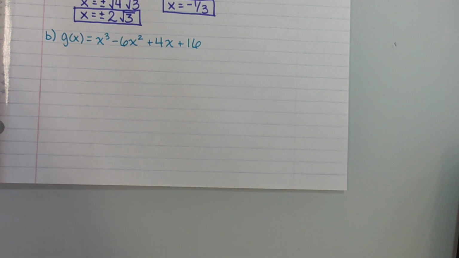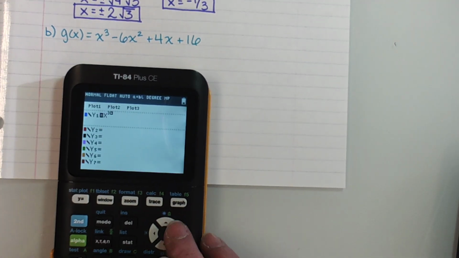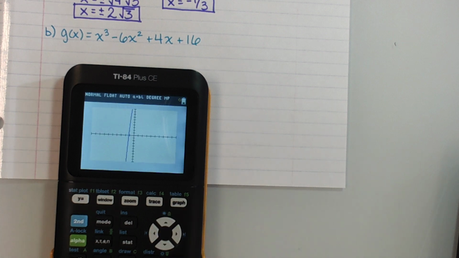X cubed minus 6x squared plus 4x plus 16. Now, I notice there's 4 terms, so my brain would say I could try factoring by grouping, but no matter how I group this, it will not factor. So instead, I go to my calculator. I type my function in. X to the power of 3 minus 6x squared plus 4x plus 16. And I look at my graph.